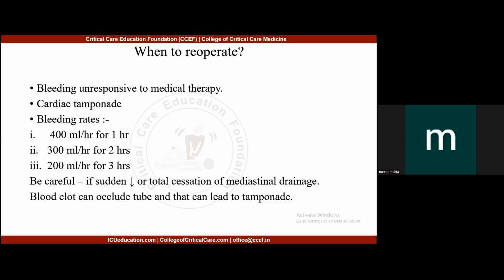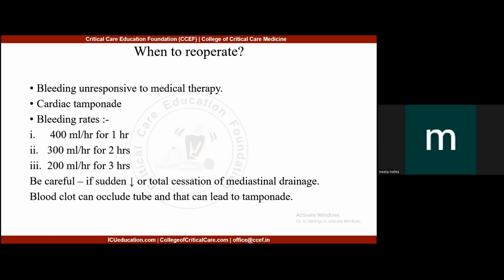Of course, bleeding is the most visible thing. You will always think that despite giving everything, the bleeding is not getting controlled. But if it is very obvious that the patient is infarcting, or there's not much bleeding and the patient continues to be hypotensive and there are some ST changes, that is one of the important indications that maybe your graft is non-functioning or malfunctioning.